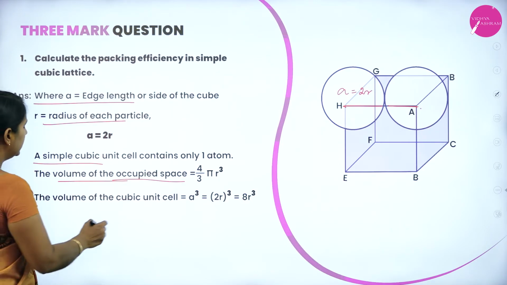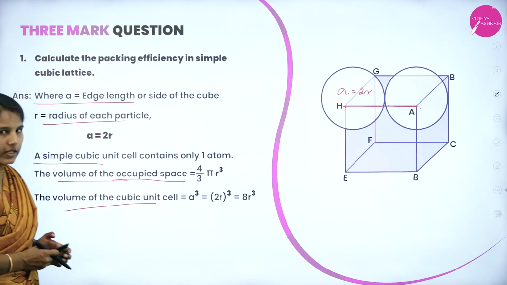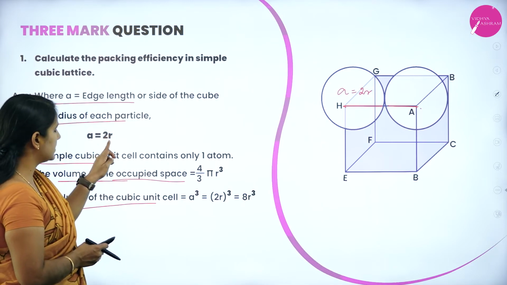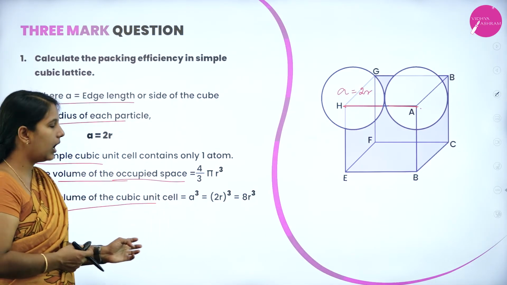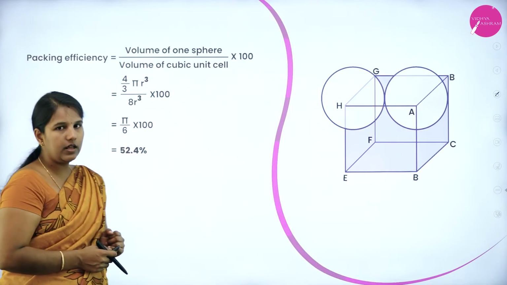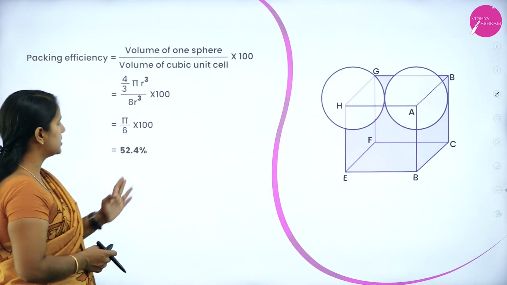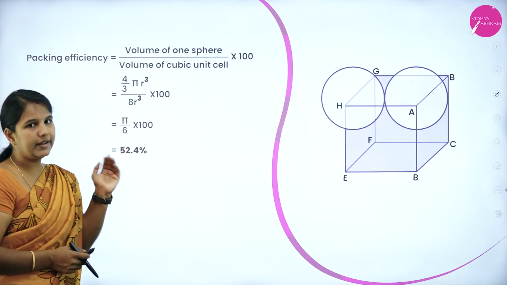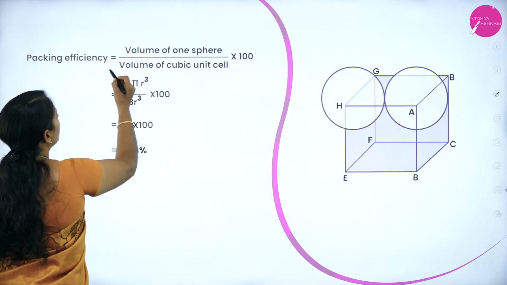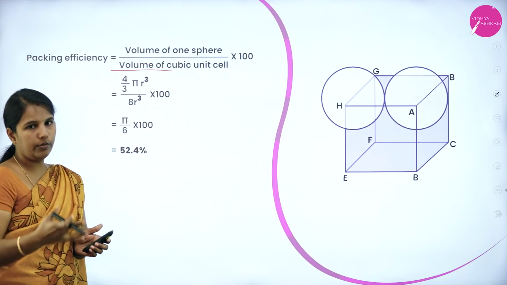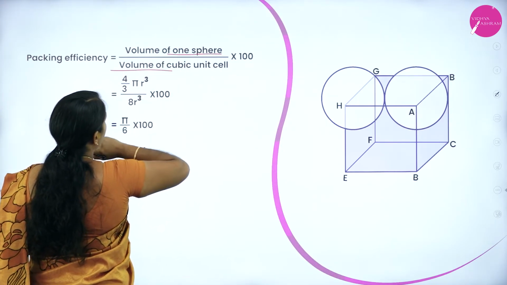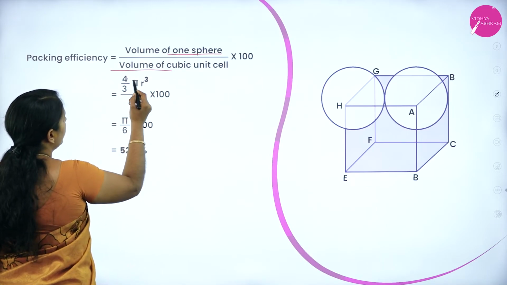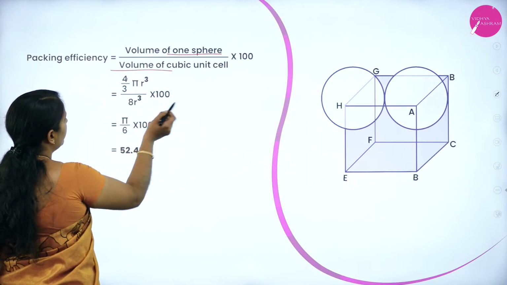We know that the volume of the cubic unit cell is a cube, and the value of a is 2r, so 2r whole cube, which is 8r cube. Finally, write the packing efficiency formula, that is volume of the sphere divided by total volume of the cubic unit cell into 100. Since we are dealing with a simple cube, I will write one sphere, so it is 4 by 3 pi r cube divided by 8 r cube into 100.